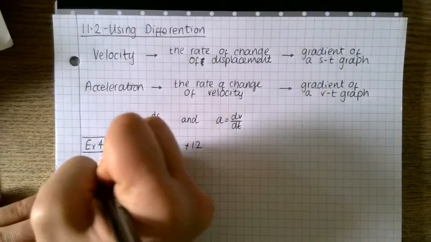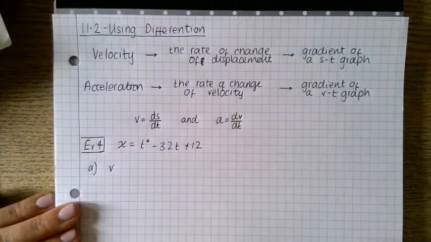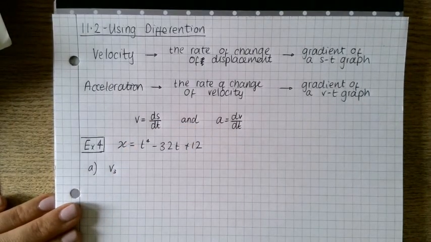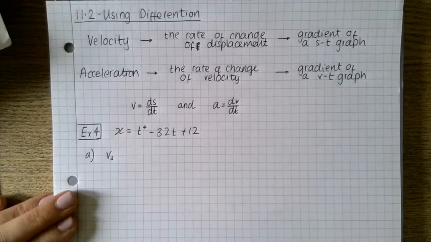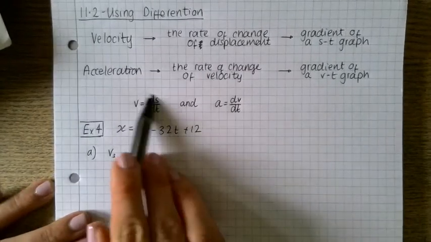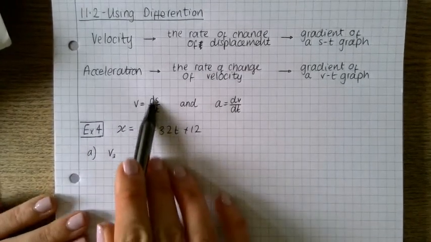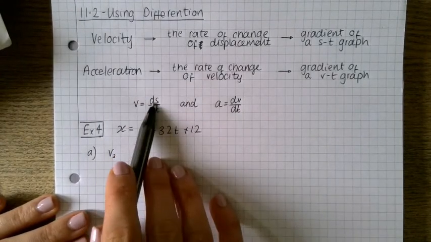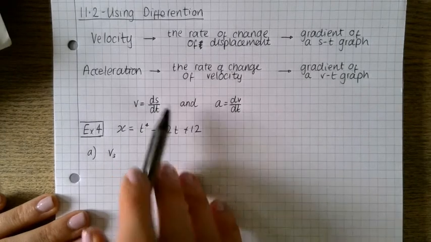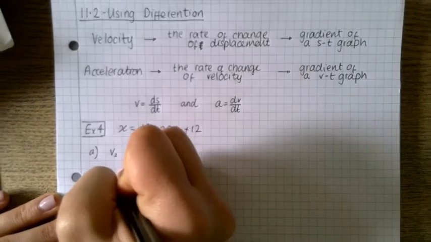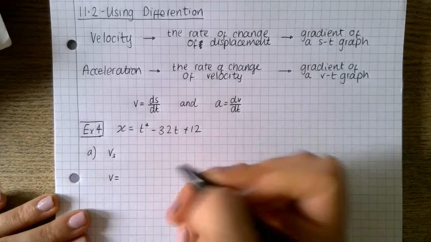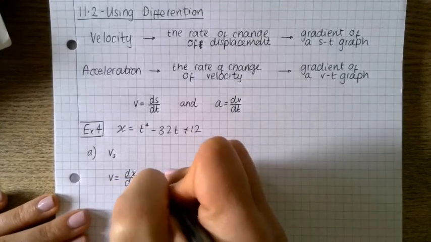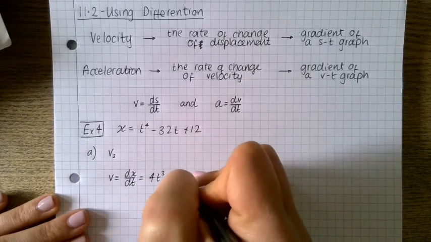So for part A, we need to find the velocity of this particle when t is 3, and I denote that by a little subscript of 3 there. So we're going to use this fact here, that the velocity is the gradient, or the rate of change of displacement. So to get this velocity function, I'm going to do dx by dt, which is going to be 4t cubed subtract 32.